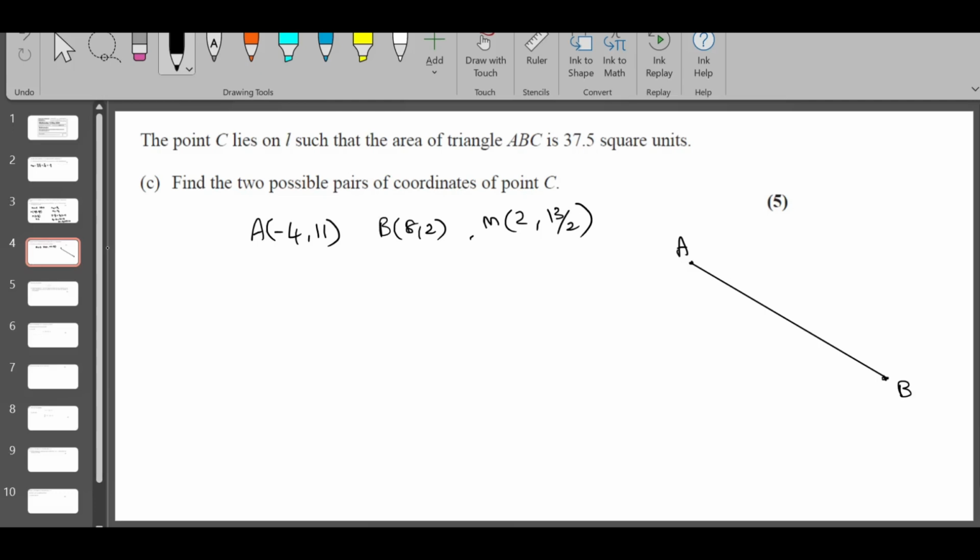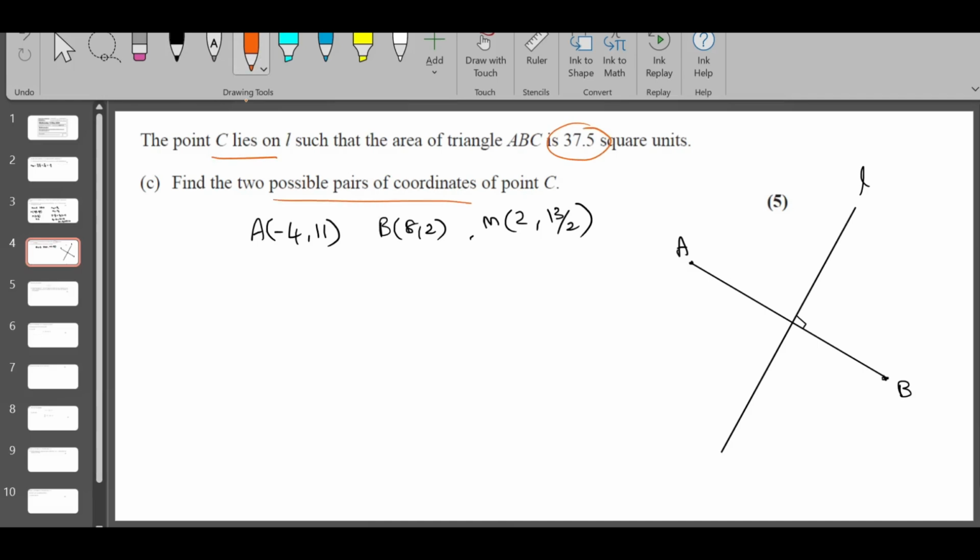And then there is a perpendicular line that passes through the midpoint, which is what was given in part B. This perpendicular line is L. Now the question says there is another point C that lies on L such that the area is this.